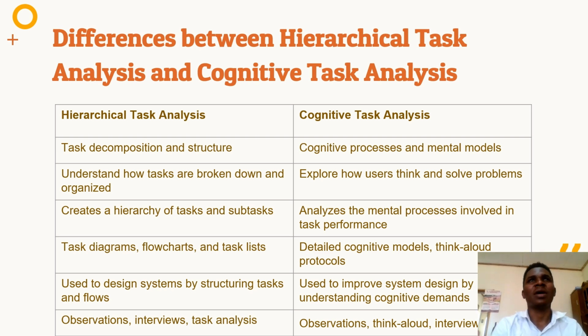Since we said we are following it in a given hierarchy, we can also do task diagrams. However, for CTA, we have detailed cognitive models, think aloud protocols, which involves basically looking at how users think in order to perform a given task.